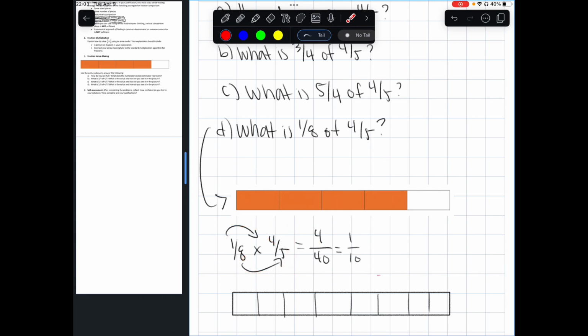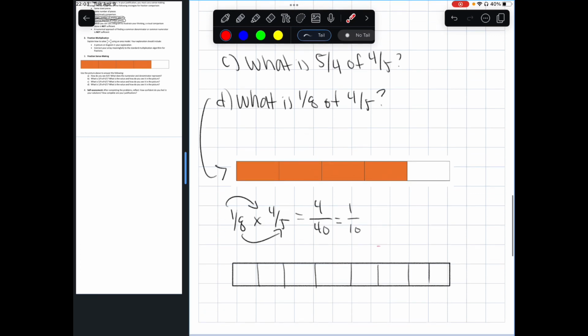But then reduce down because 4 over 40, those numbers work really well together. And we know that 4 times 10 is 40, so it reduces down to 1/10. But what we really want to see is what is the value and how do you see it in the picture? This is our value.